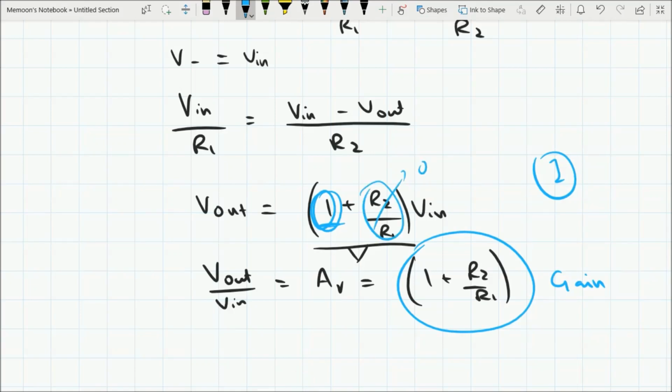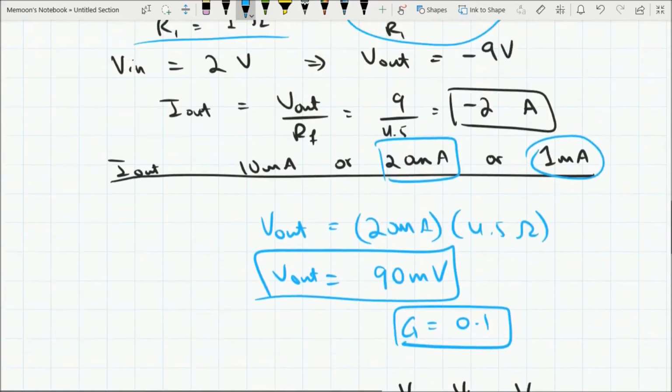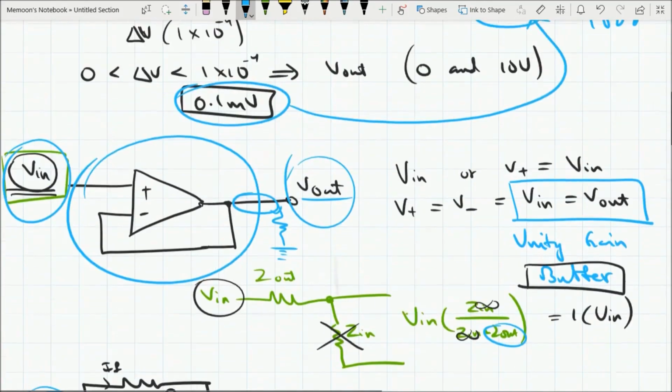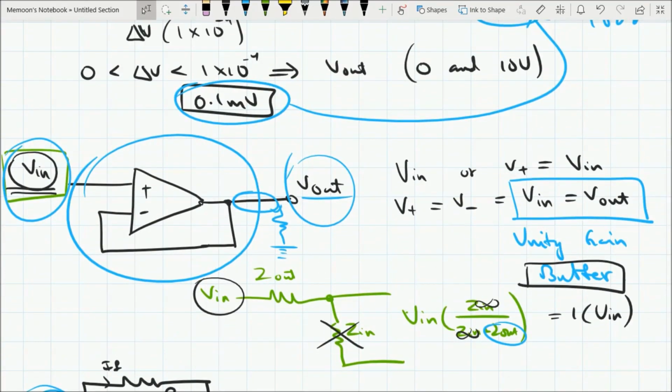And what was that case? We already discussed that. That was a unity gain buffer. If we go further up, here the input is directly connected to the non-inverting terminal, and the negative input is connected to the output without any resistor. So R2 is 0 and R1 is non-existent.